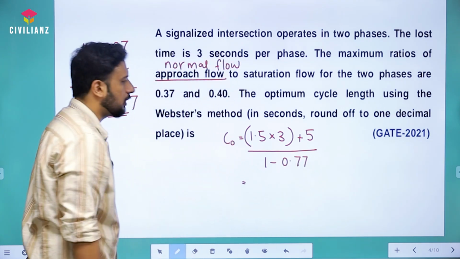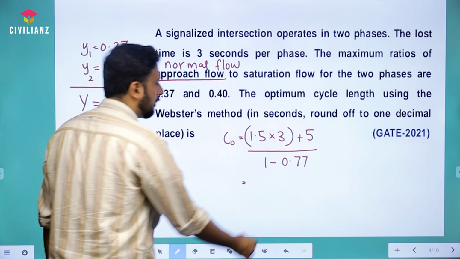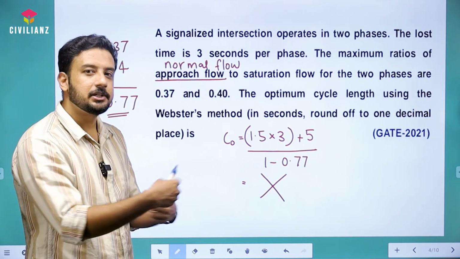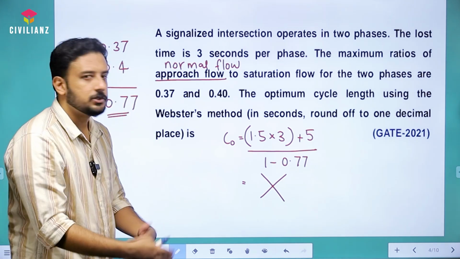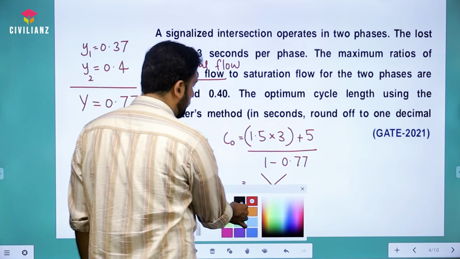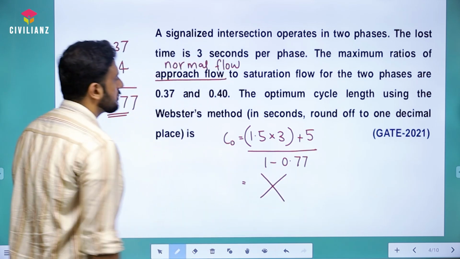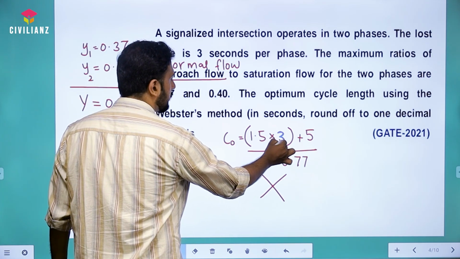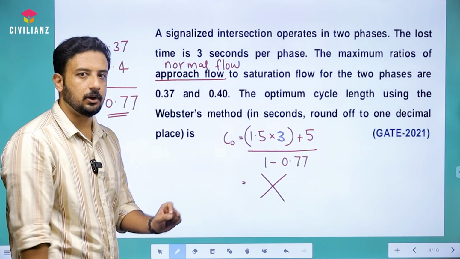So here you will get a nice value, but that will be absolutely wrong. Why? This is one of the traps that come in traffic engineering from Webster's method. There is an important point to be noted here. Why is it wrong? Because we have substituted a wrong value of L here. This is actually not 3.